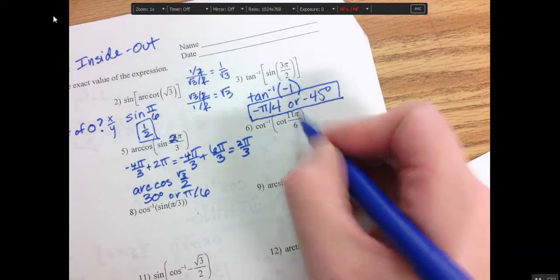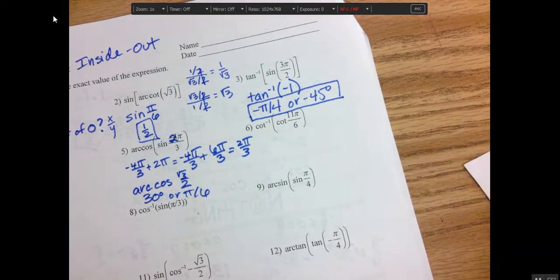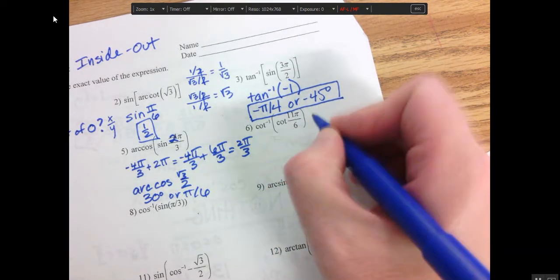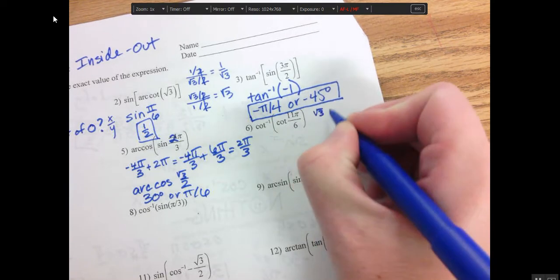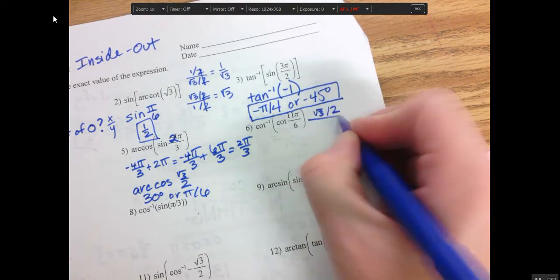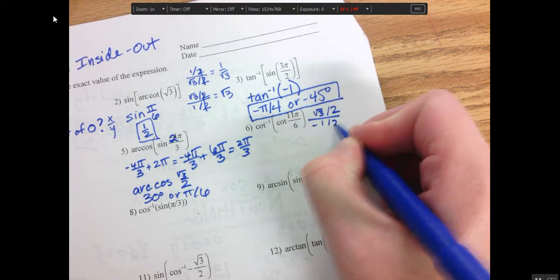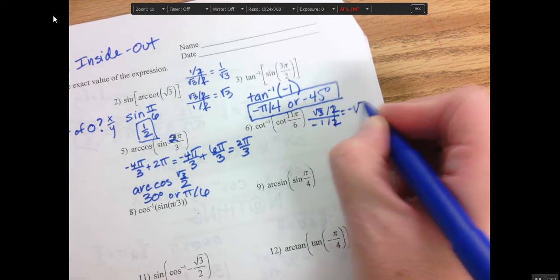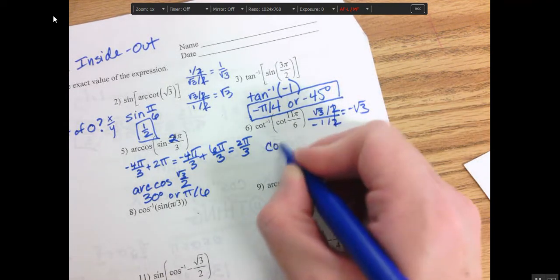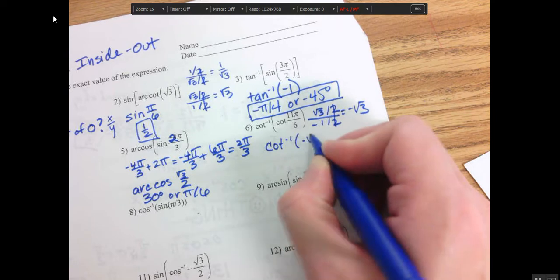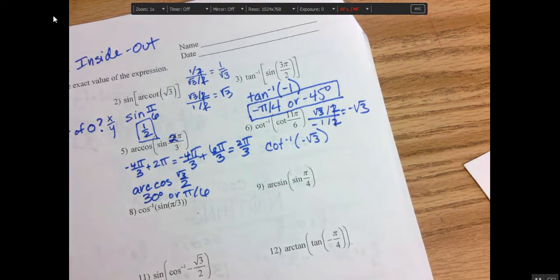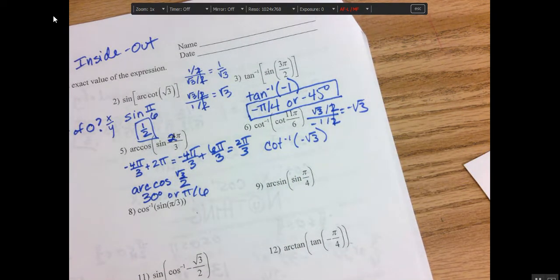But if you want to do it analytically step by step, you have to find the cotangent of 11 pi over 6, which is going to be x over y, so that would be root 3 over 2 over negative 1/2, which gives you negative root 3. And then you're going to do inverse cotangent of negative root 3. For inverse cotangent, your answer has to be between 0 and pi, so you know that's going to go into the second quadrant.